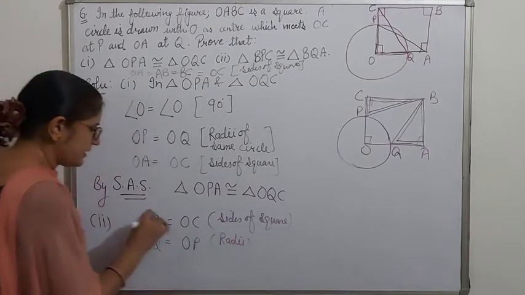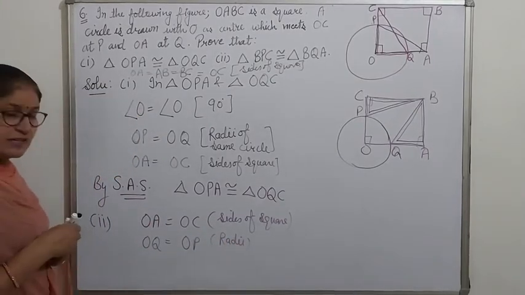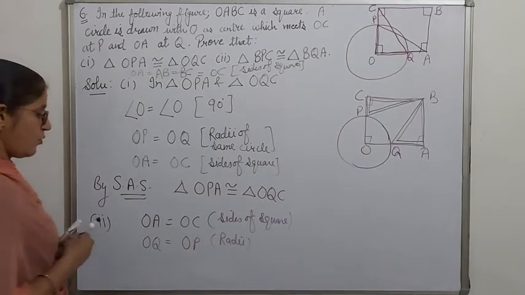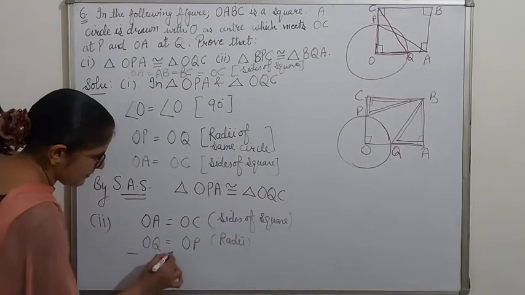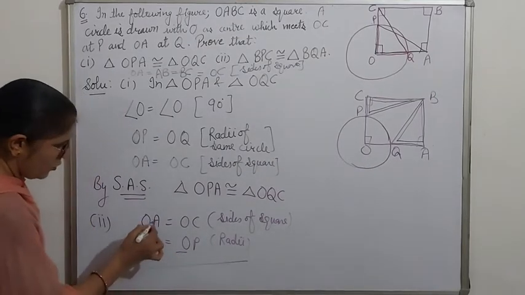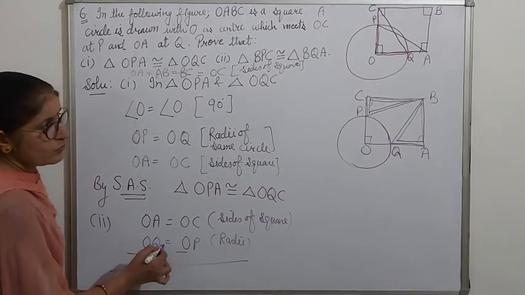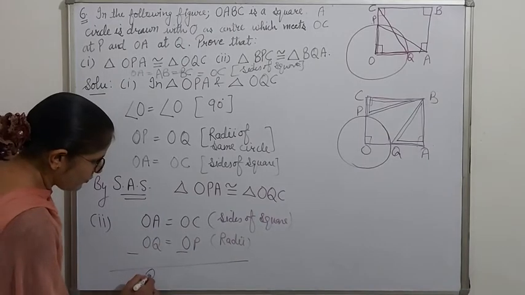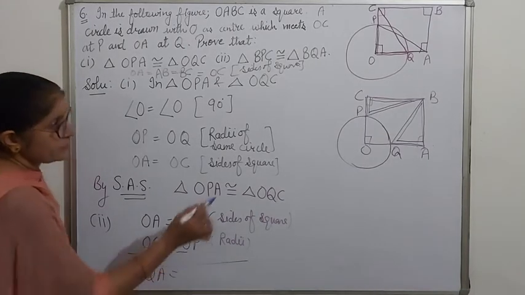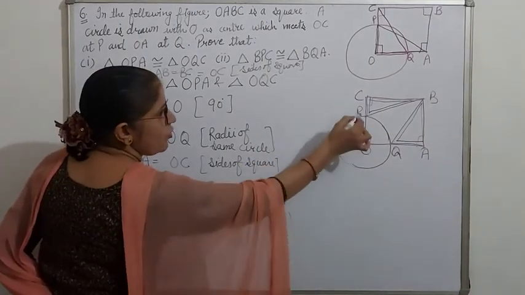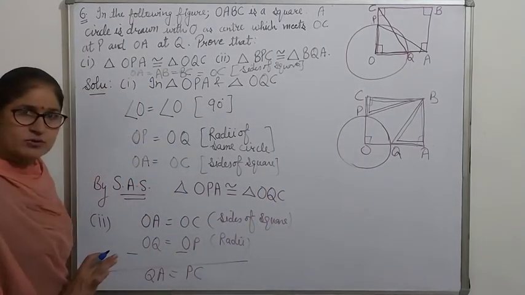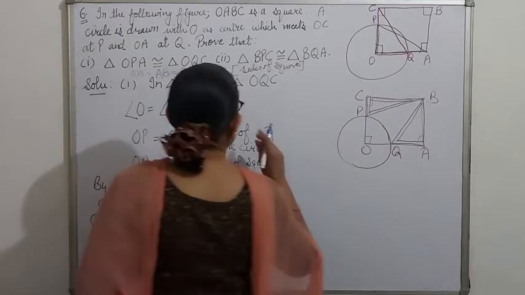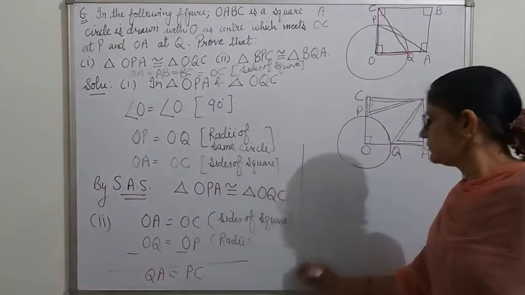If we subtract them both, then what will we get? OA minus OQ gives QA. OC minus OP gives PC. Understood this thing? Now, we take these two triangles.